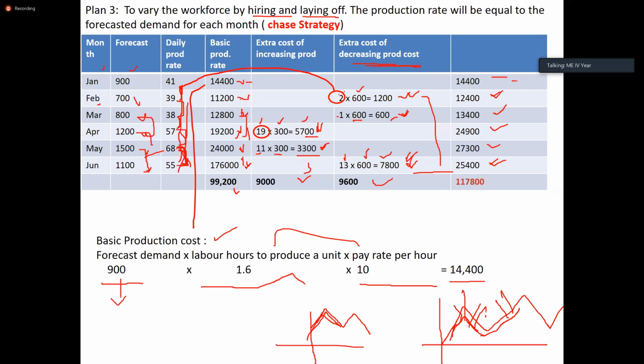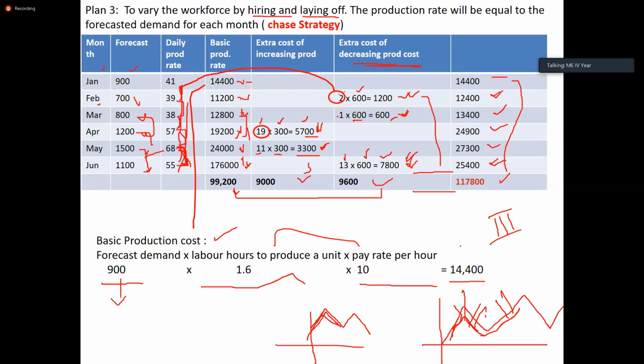Now you check these, when you sum all the values you will get 1,07,800. And if you calculate this side also, you will get, sorry, 1,17,800. So this is from strategy 3.